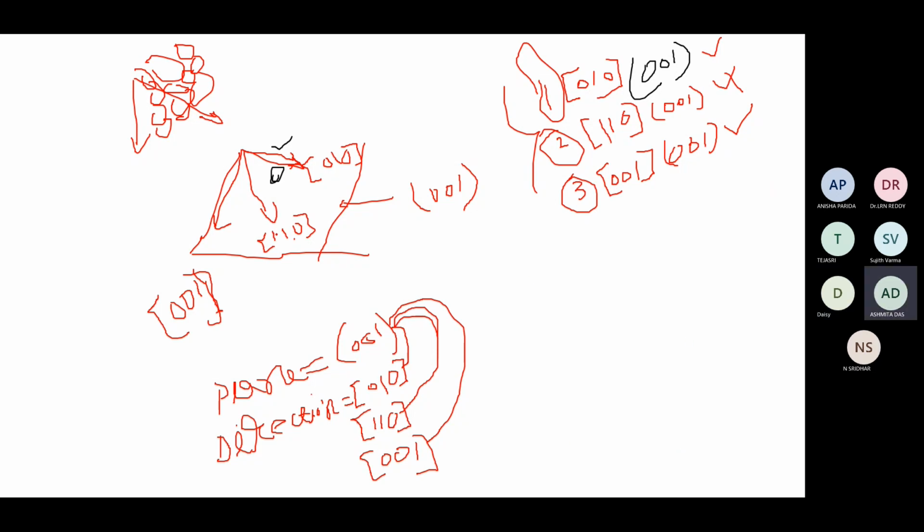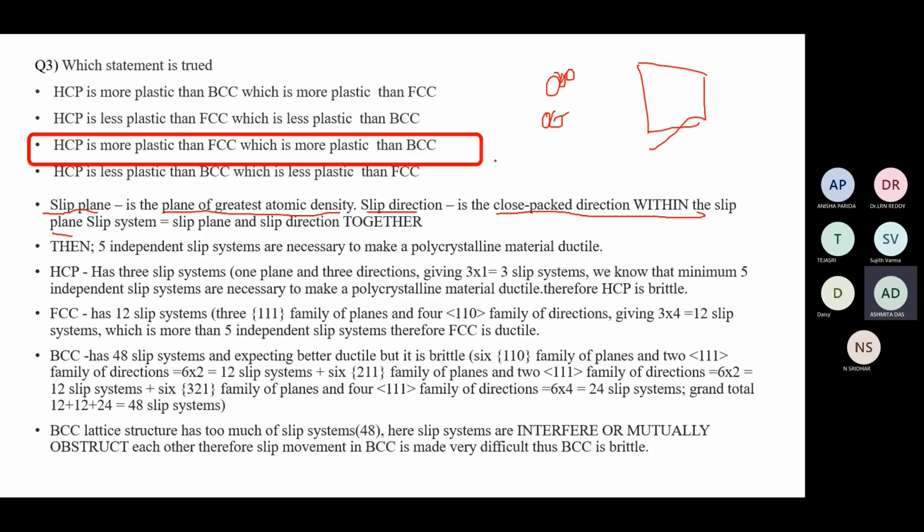Okay, so this is the ideal case of the hexagonal close packed system. Because of that, HCP usually contains two slip systems. HCP basically has three slip systems, but among them two are predominant. One plane, three directions, so three systems. We know that a minimum of 5 independent slip systems are necessary to make a polycrystalline material ductile.